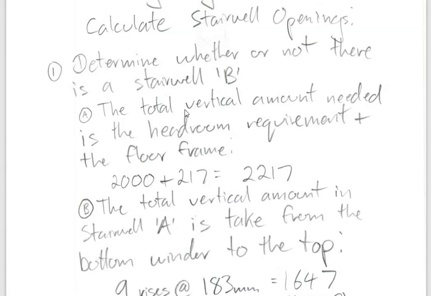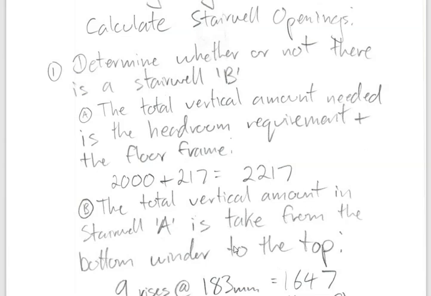So what we're going to do is take the total vertical amount we need to meet code. We're going to use that headroom requirement and a floor frame and get a total of 2,217.